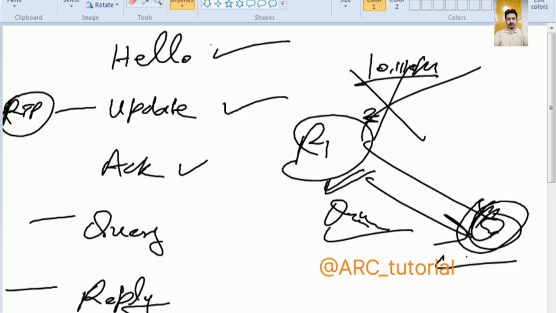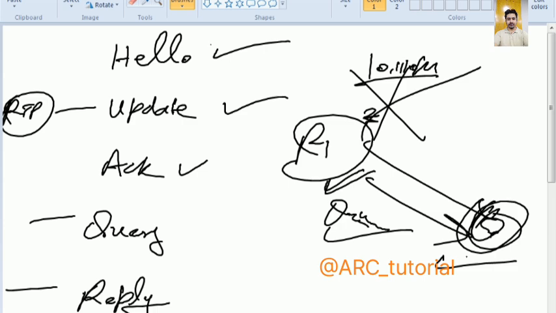But if your device has become active, it means its successor has gone down. Whenever the successor goes down and it does not have a feasible successor, it will become active. And whenever your router becomes active for any prefix, it will immediately start to generate query messages. And remember, it will remain active until it receives a reply.